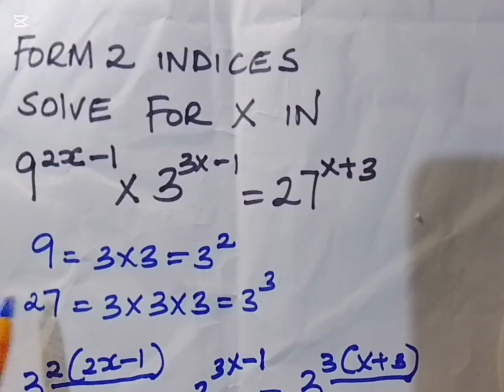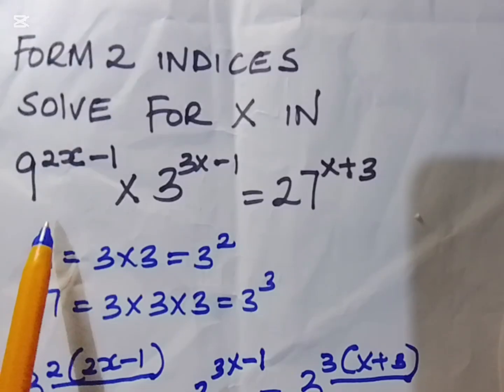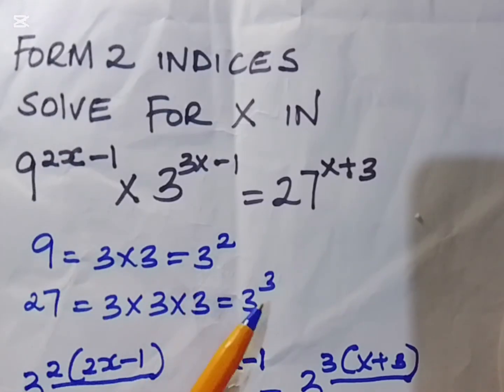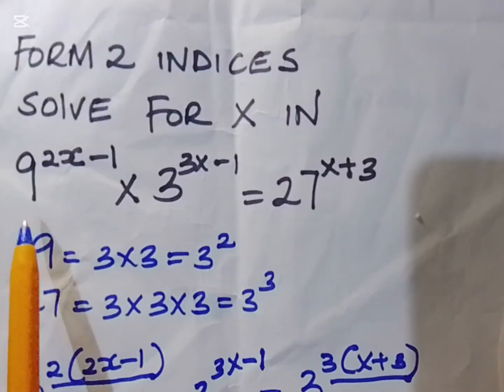Now, if you look at this, you'll realize that the first part of the equation has 9 and 3, and the second part, after the equal sign, has 27. So in this case, we try to make them have similar bases, because if we apply the law of indices and the bases are the same, we can drop them and equate the powers.